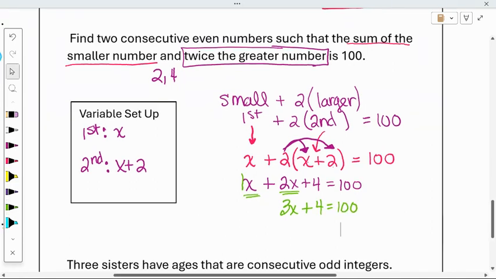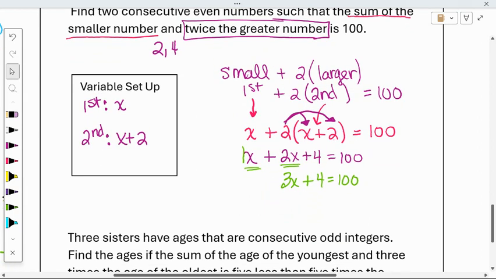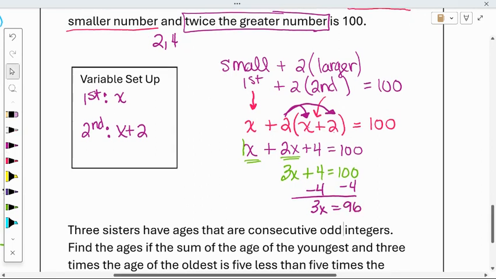If you were solving this, what is the first thing that you would do? Yeah, we would subtract 4 from both sides. So 3x equals 96. Last step, what would you do?